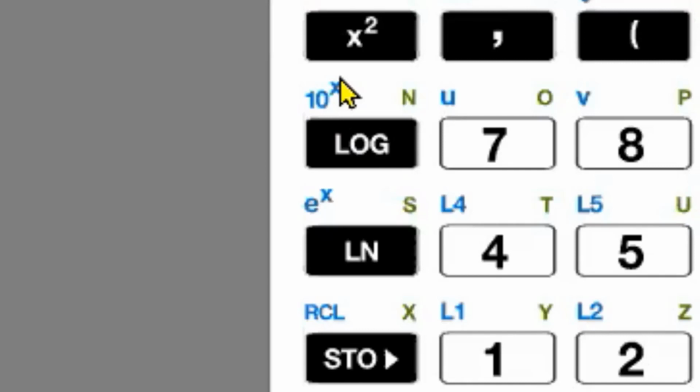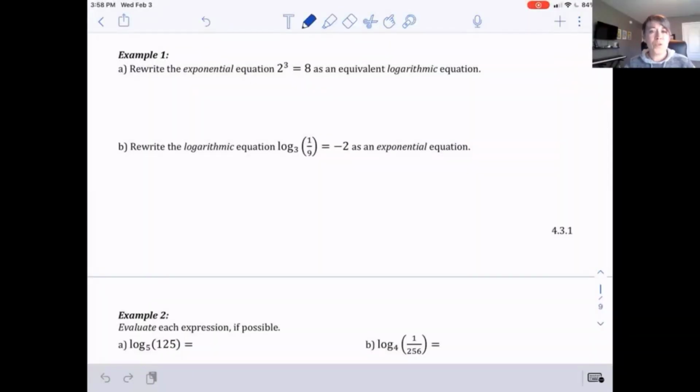So that's even a nice little cheat sheet on your calculator reminding you that if you don't see a base, the common log has a base of 10. Likewise, the natural log, the ln button, has a second function, e to the x, to remind us the base of the natural log is e. Well, we're not going to be using our calculators just yet. We want to get used to what a logarithm represents first.